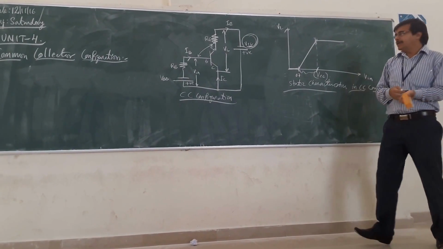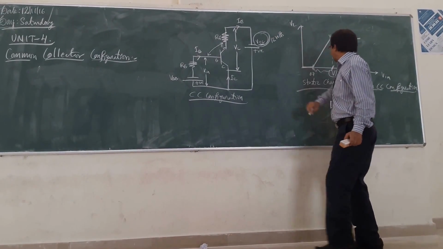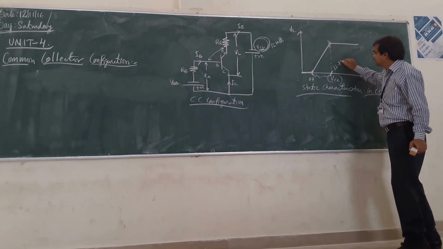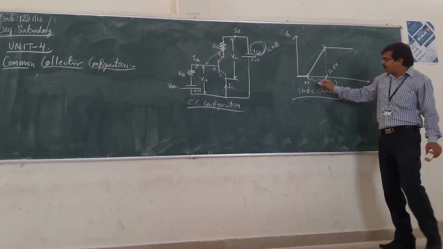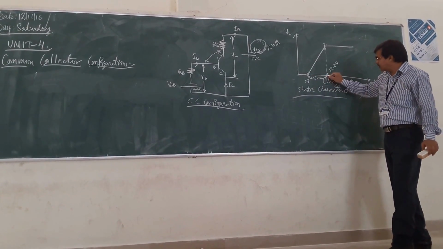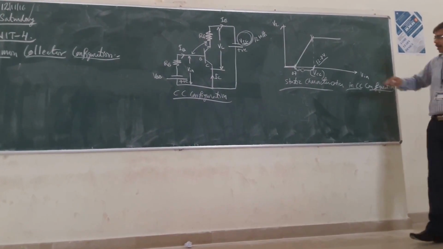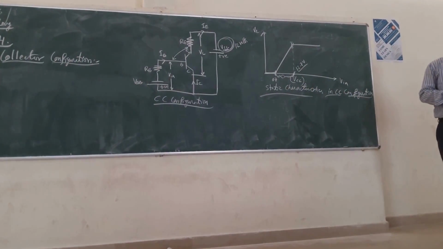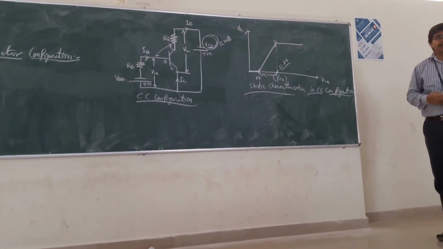Let us assume that VCC is 12 volts. So this point will be 12.7 volts. So you will get the output from 0.7 volt to 12.7 volts. This shows the static characteristics between your input and output voltages in case of your common collector configuration.